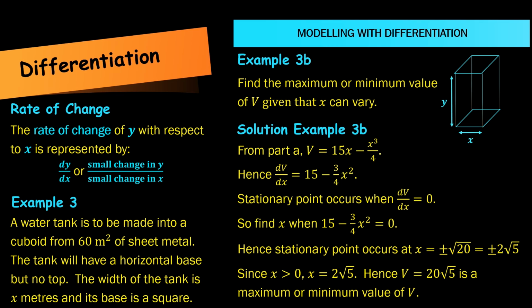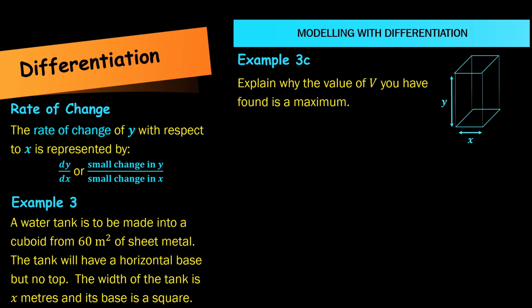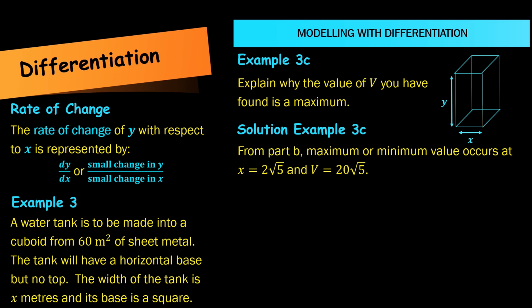And finally, let's solve example 3c. We are required to explain why the value we have found for V is a maximum. So let's solve this. From part B, the maximum or minimum value occurs at x equals 2 root 5 and V equals 20 root 5. In part B, we also found that dV/dx equals 15 minus 3/4 x squared.